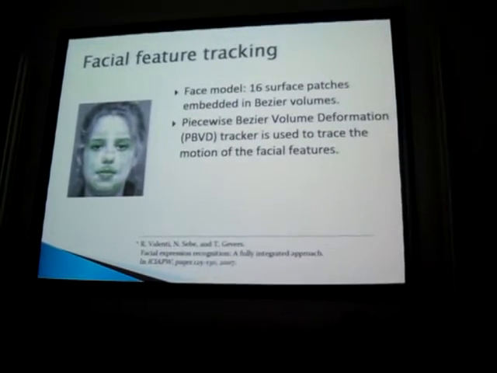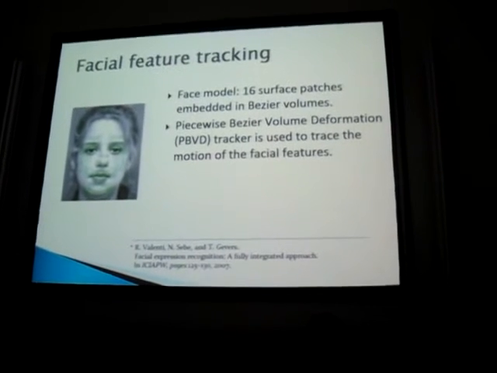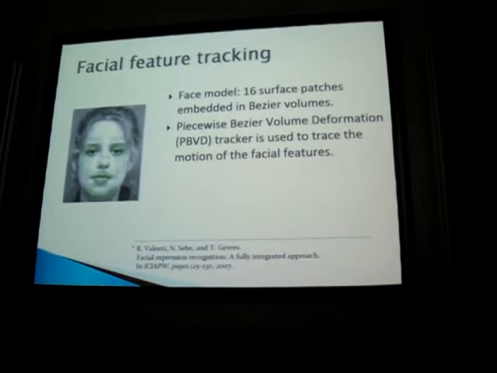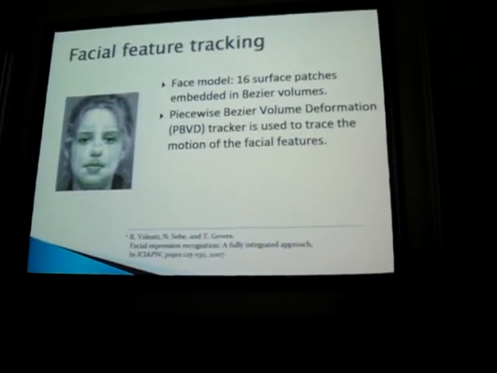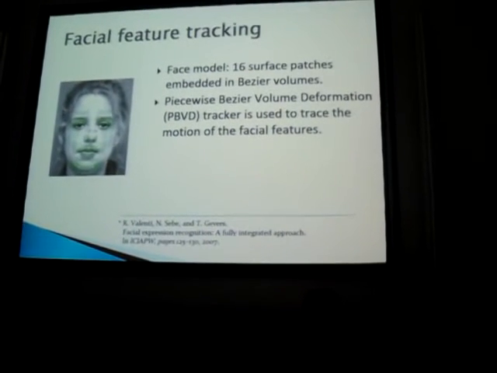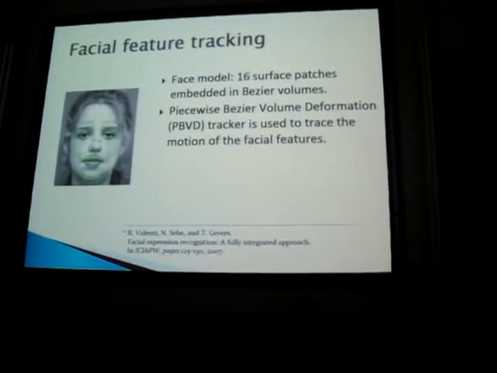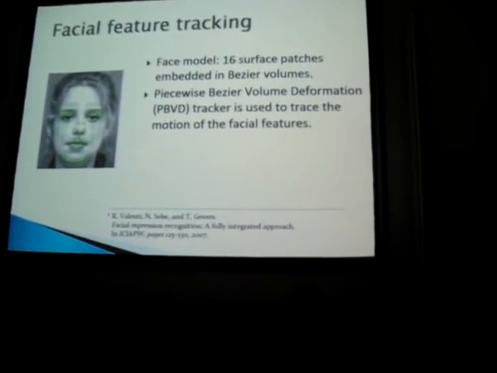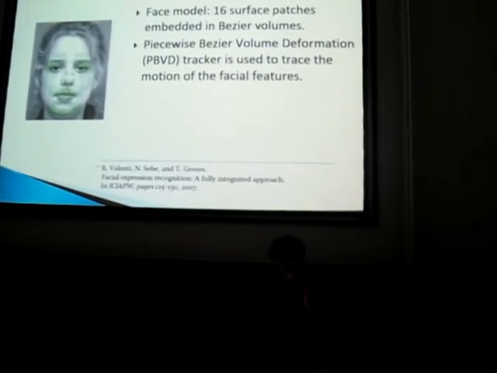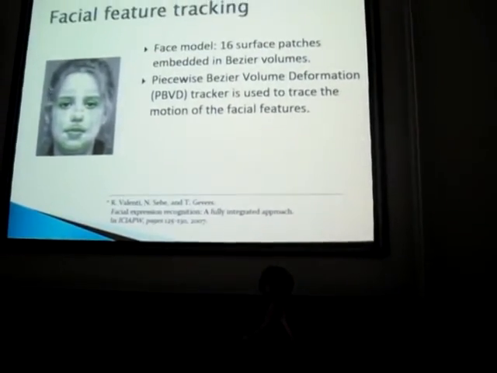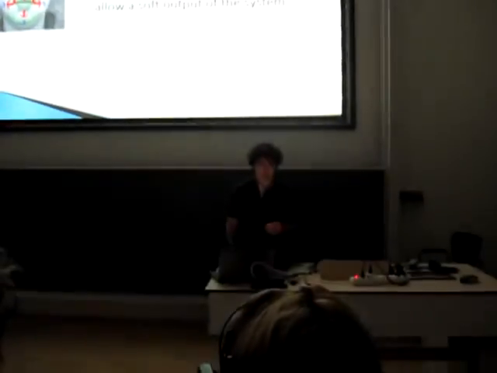The emotion system that we use basically fits a face mesh, a Bezier volumetric curve, to the face image, following a face detection by Viola-Jones. And then it uses a tracker to track these deformations in this base mesh.